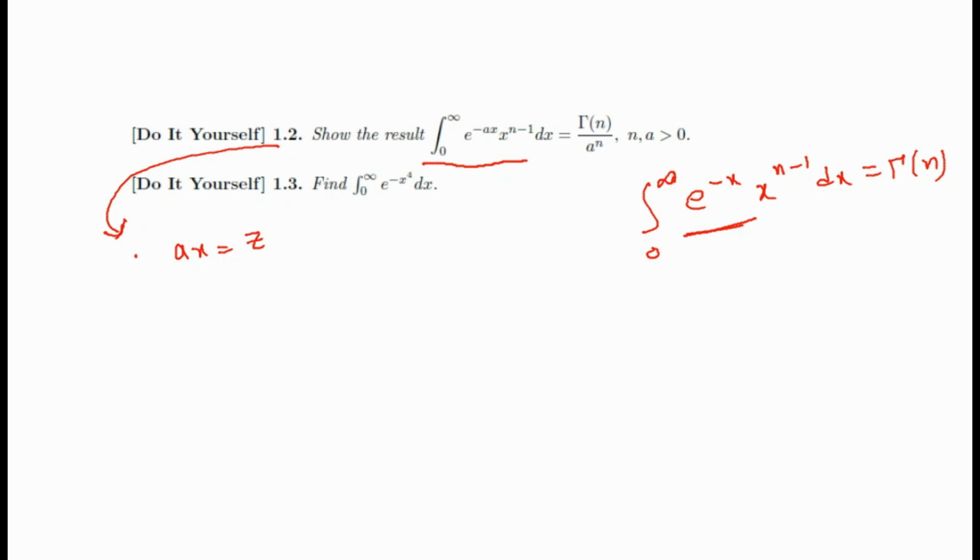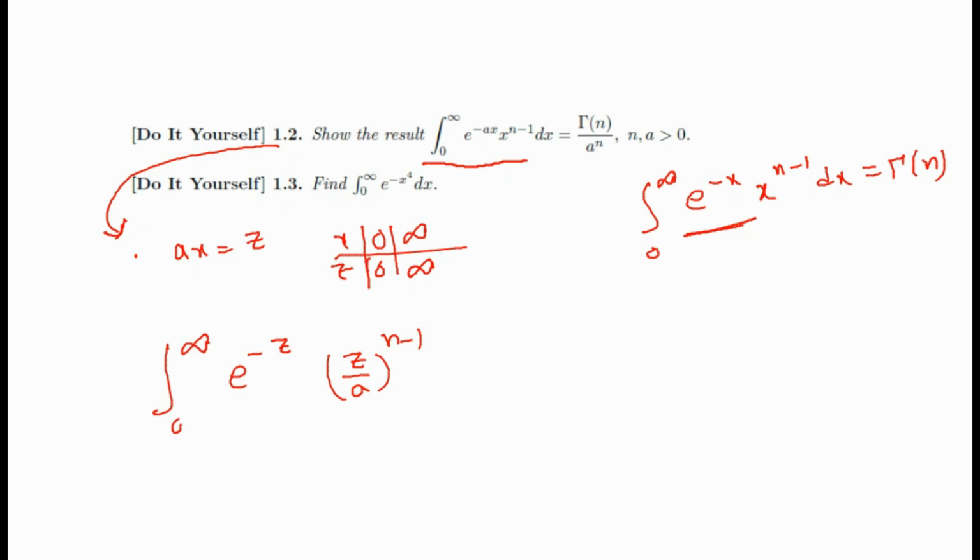If x equal to 0, then z equal to 0. If x equal to infinity, then z equal to infinity. So this integral becomes 0 to infinity e to the power minus z, x is z by a, so (z by a) to the power n minus 1, and dx.